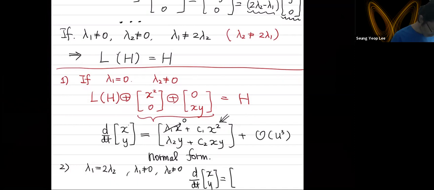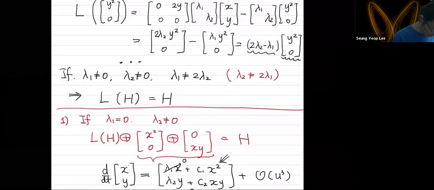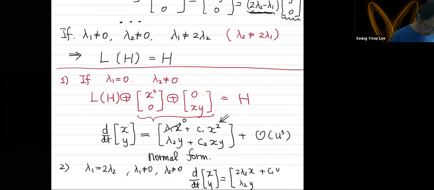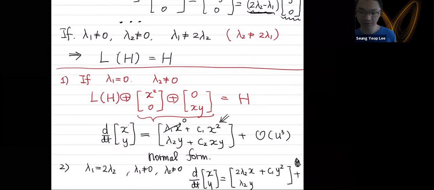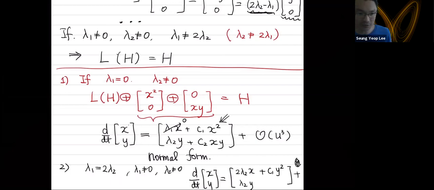Here, lambda 1 is 2 lambda 2, so it's 2 lambda 2 x, lambda 2 y, and this term will become 0, so you can add some non-trivial term here, and the high order terms in cubic. So these are normal forms that cannot be removed: non-trivial quadratic terms that can survive. So up to quadratic terms, if we consider these 2 cases, then we are considering the full cases for this special case of lambda 1 and lambda 2.